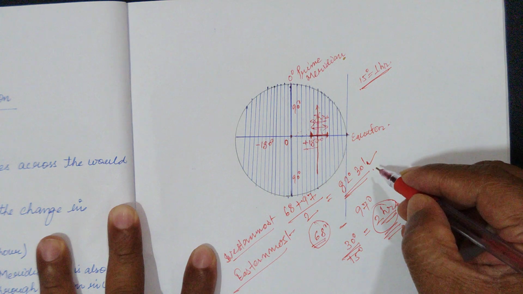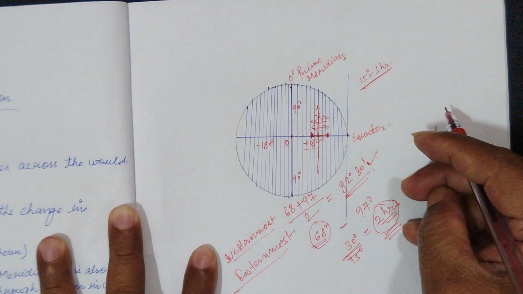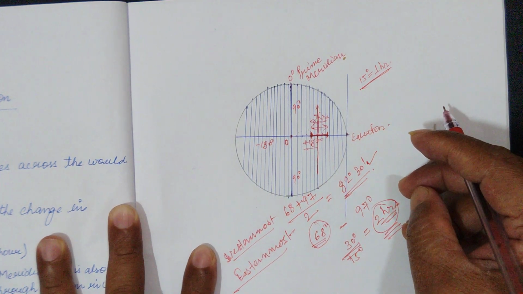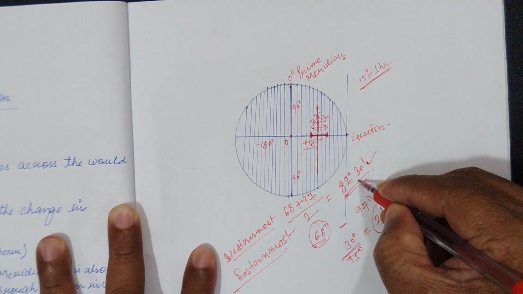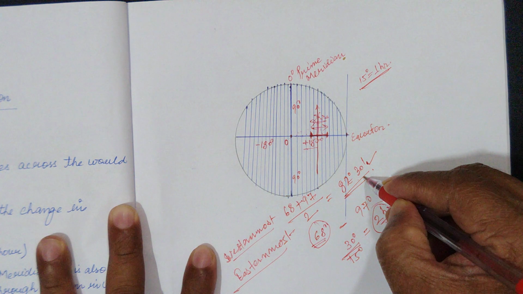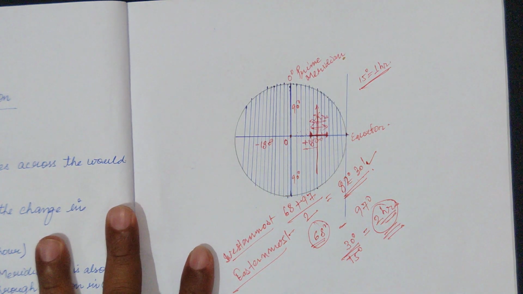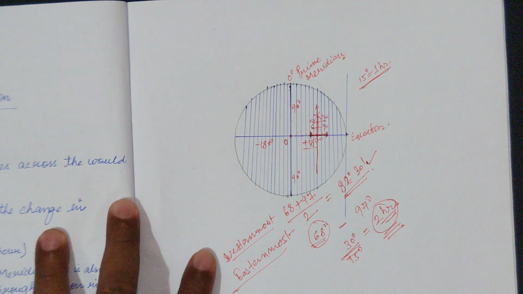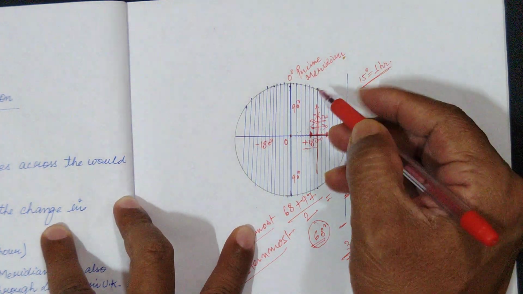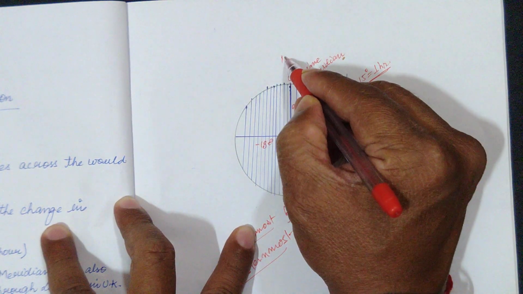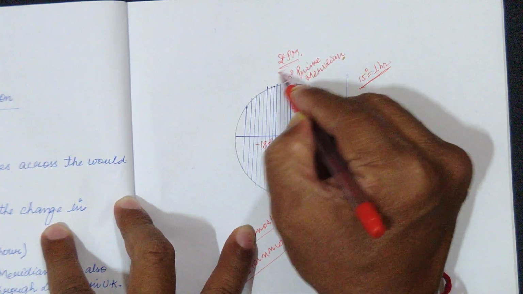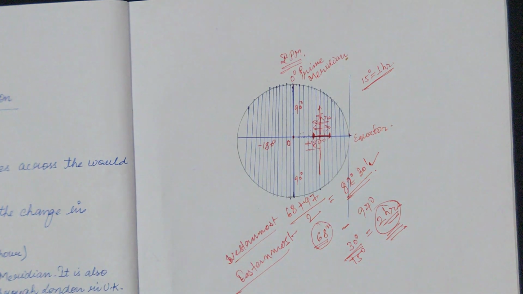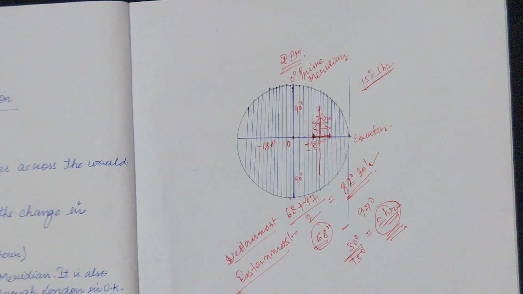Whatever the timing will be at 82 degrees 30 minutes, it will be the same for the country. Right. Suppose it is 2 p.m. at the prime meridian, what will be the timing in the country?